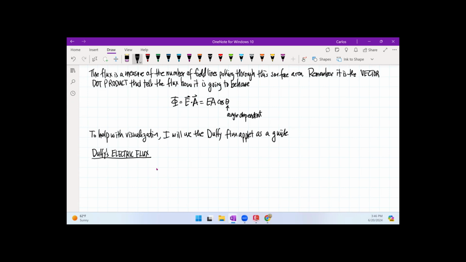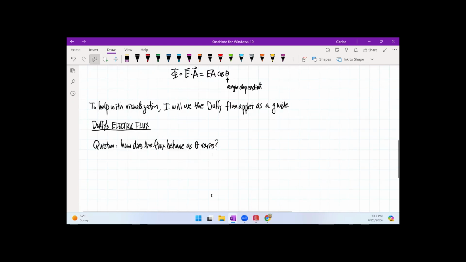So it's the same question that I started off with, but the question is this: how does the flux behave as theta varies? So how's it going to change as the theta angle changes? So the first thing that we want to look at is theta equal to 0.